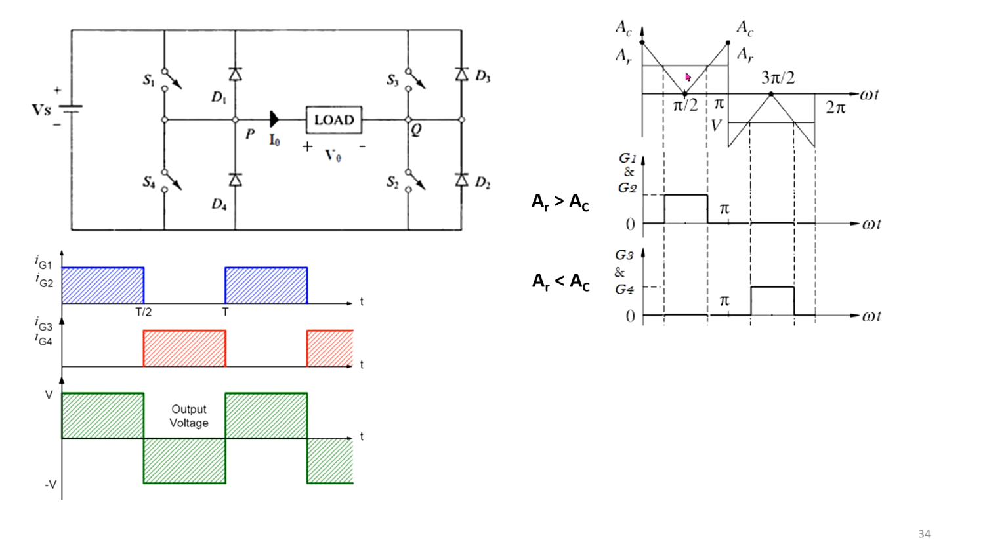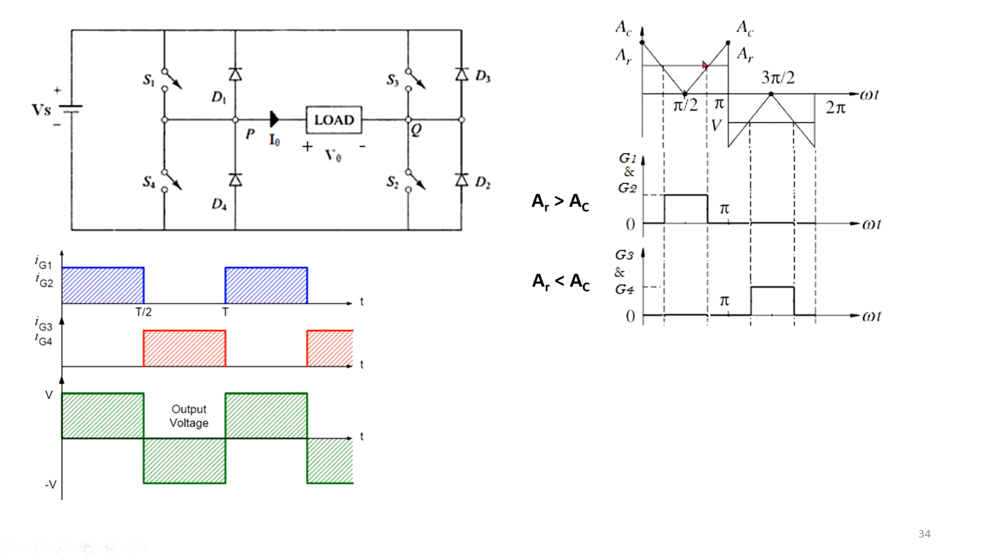In this case, you can see when Ar is greater than Ac, meaning your reference is greater than the rest of the signal, then you have a pulse.